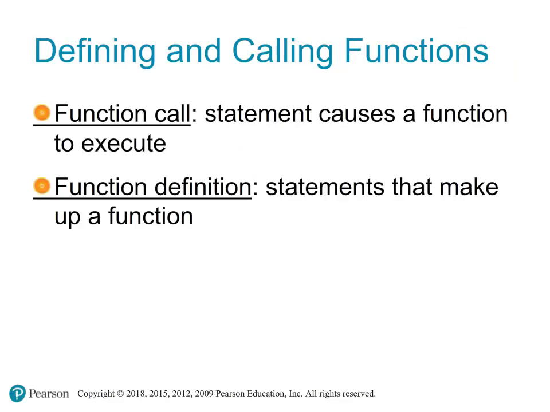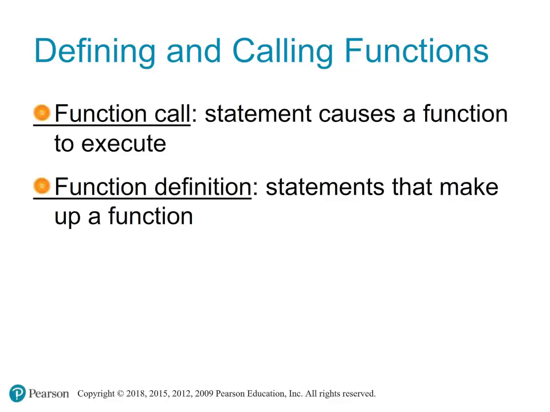Understanding the difference between a function call and a function definition is important for effective programming. Function definition: this is the blueprint of your function. It specifies what the function does when it's called. Think of it as a recipe for a dish, outlining the ingredients and the steps to cook it.